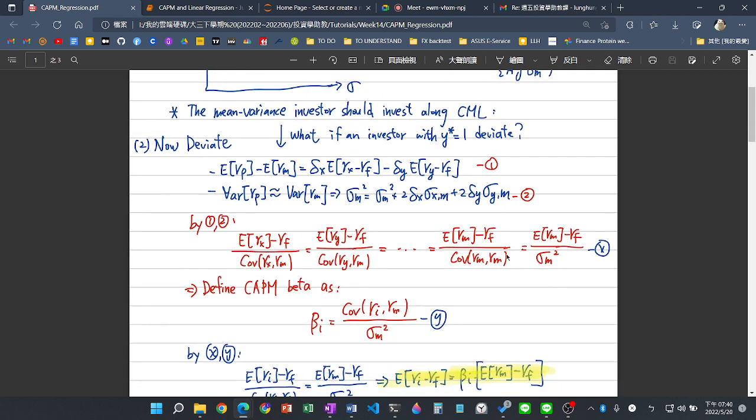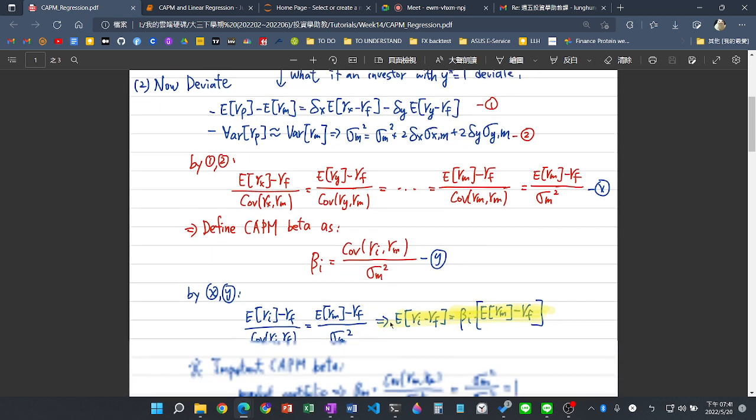After we get this relationship, we can define beta. Here beta i equals the covariance of stock i and the market divided by the market variance. You might wonder why we need such a definition.